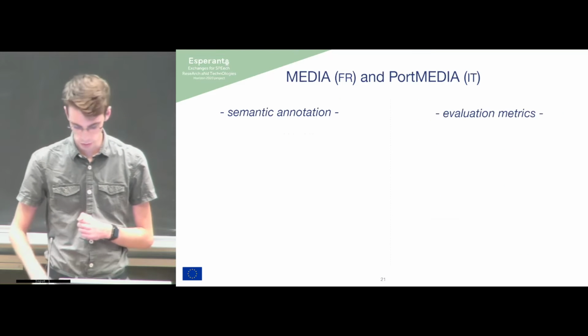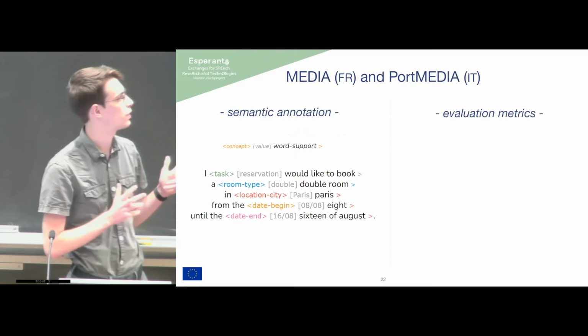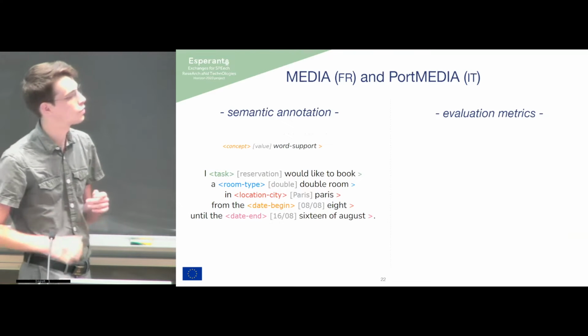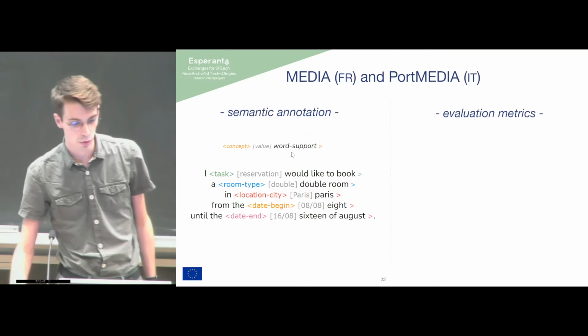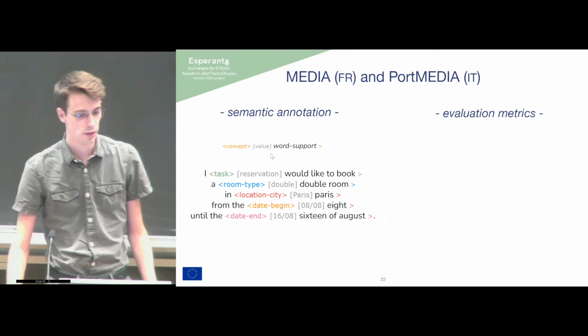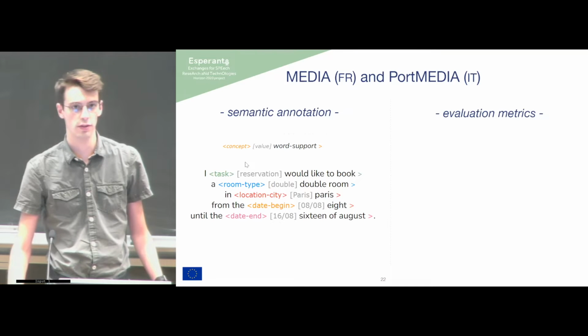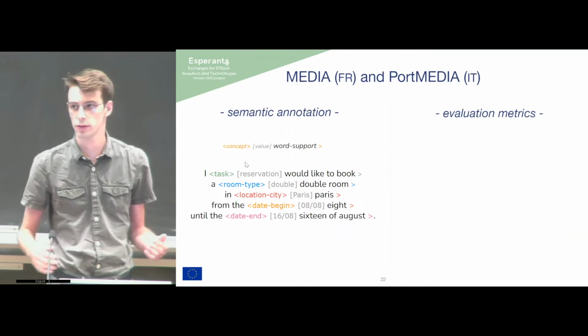And when we look at the semantic annotation, we have three kinds of annotation. So we have the word support, which is the transcription of what has been said. And then around that, we have the concepts that tell what those word supports are about.